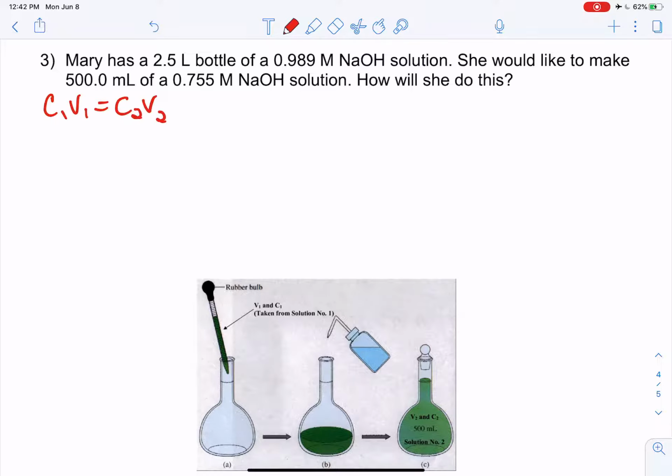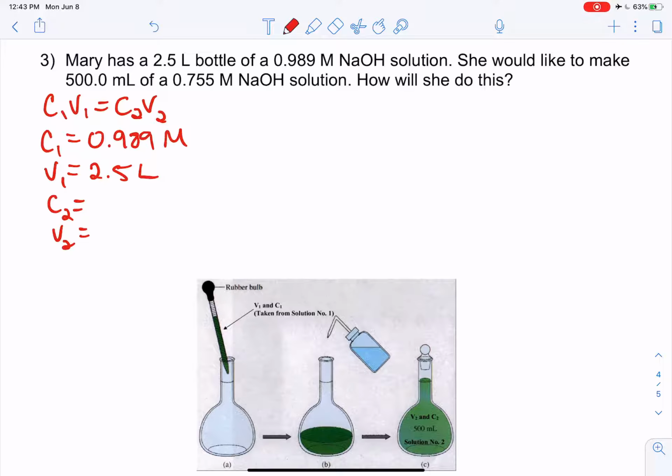And if we were just on autopilot, going through the motions of what we did before, we would probably do this. We would probably say 0.989 molar NaOH, and then volume, 2.5 liters.